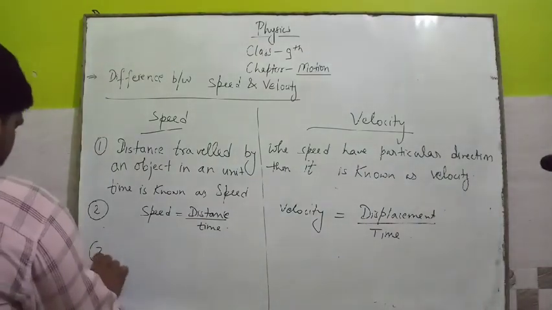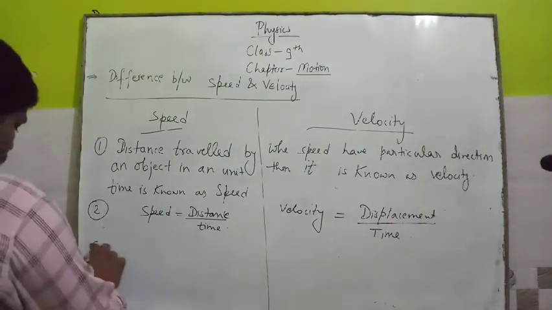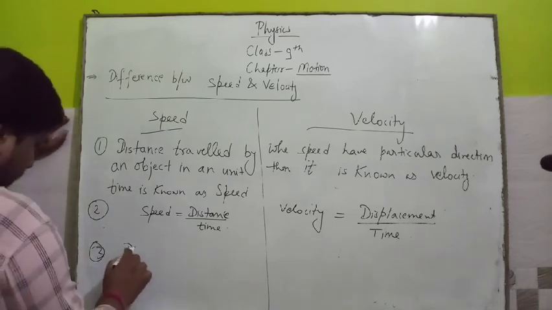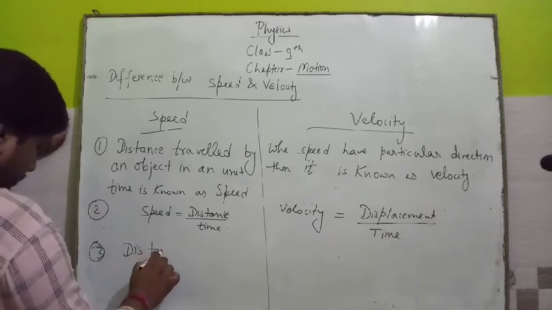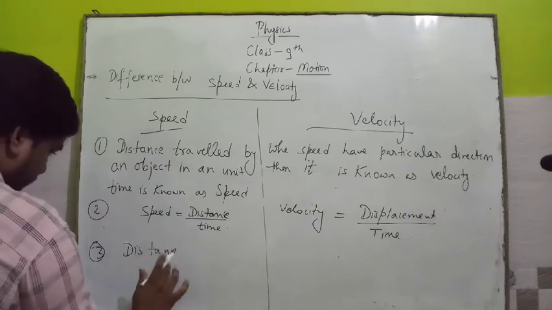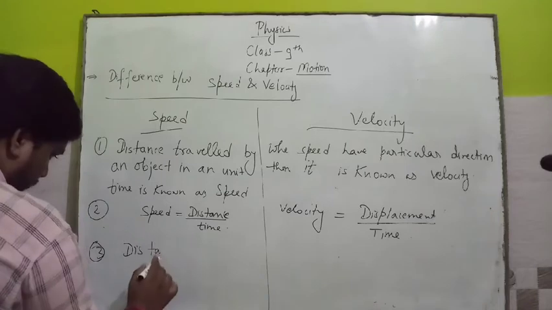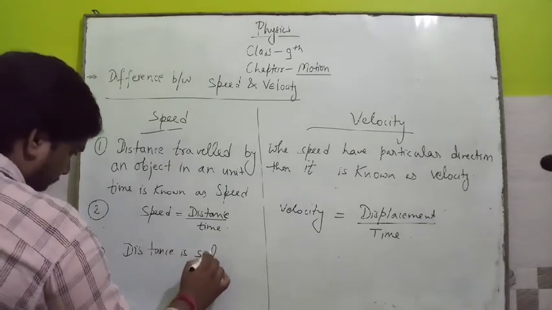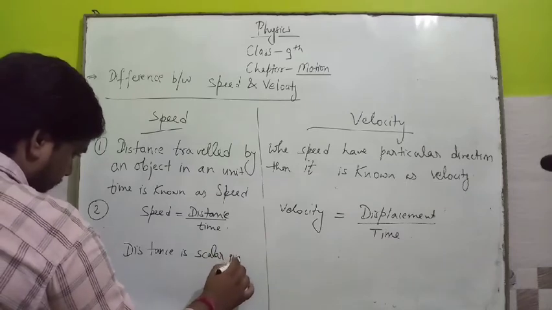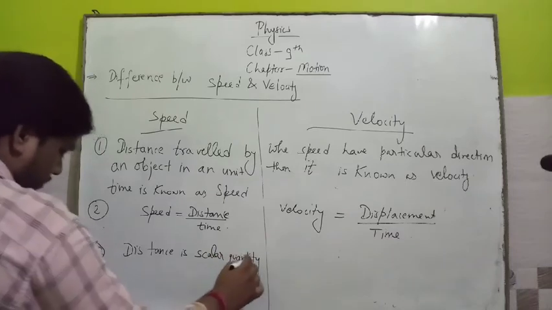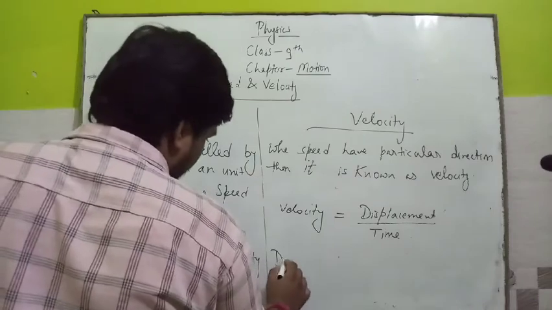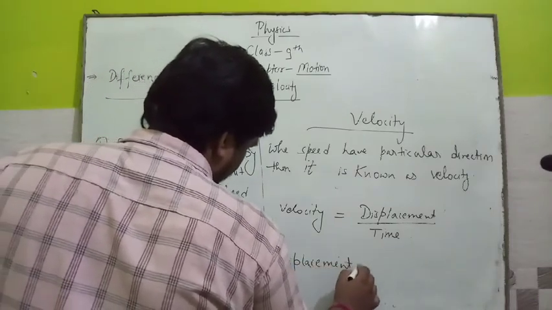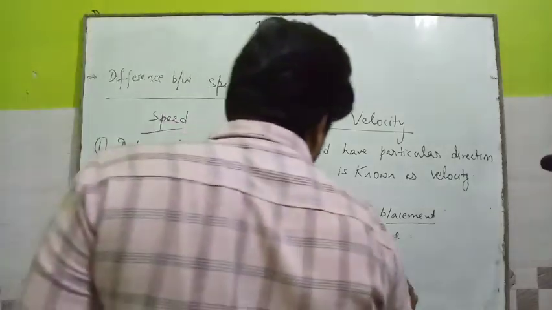And the third difference: distance is a scalar quantity, displacement is a vector quantity.